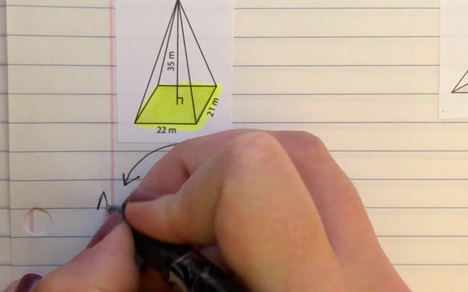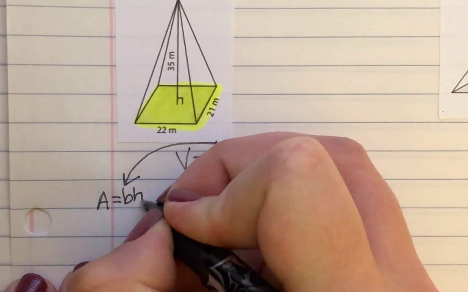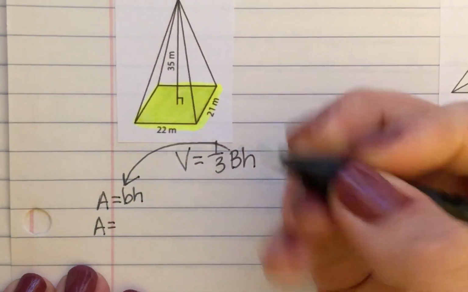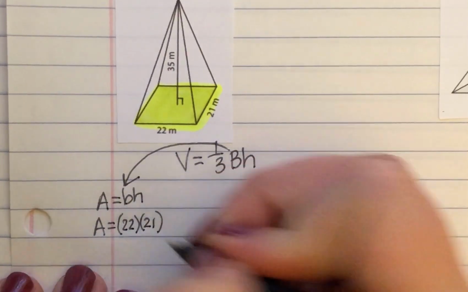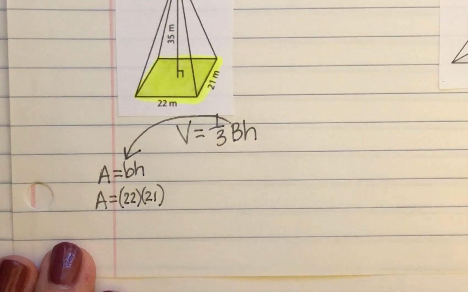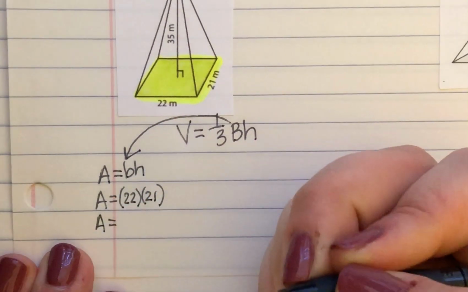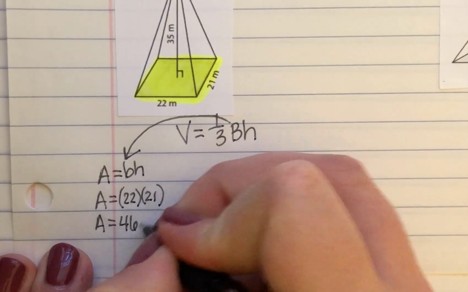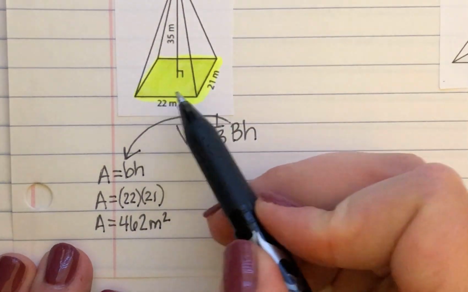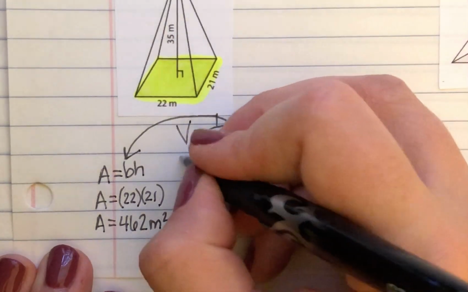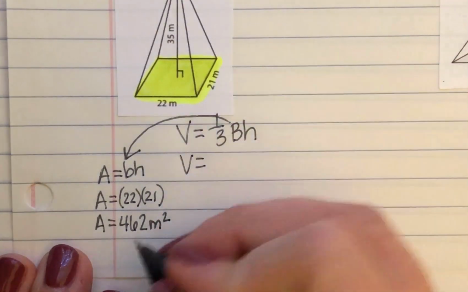It is a rectangle, which is probably one of the easier ones to find. So the base, I would say, is 22 of that rectangle, and the height is 21. So 22 times 21 is gonna give us 462, and that's meters squared. So the area of our base, in this case, we've got 462.